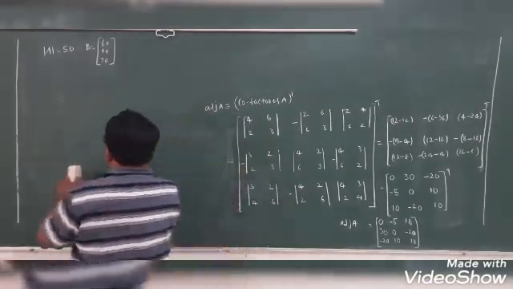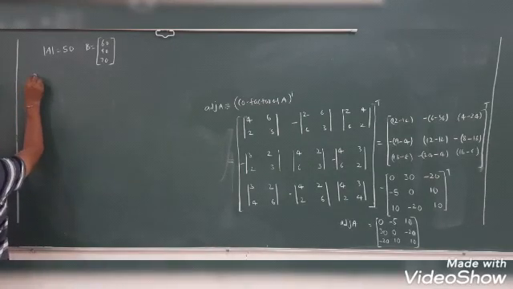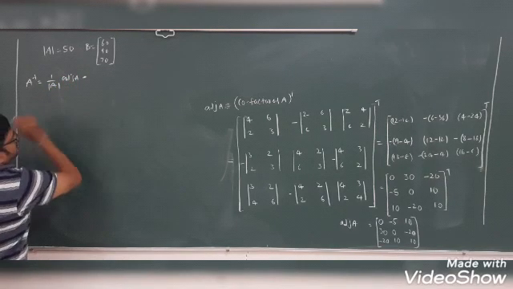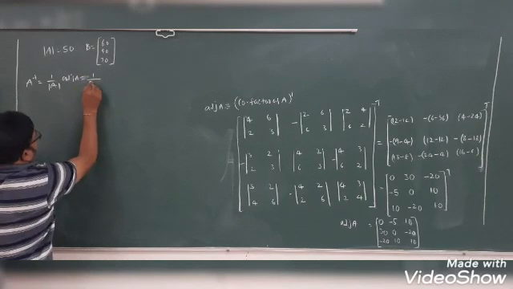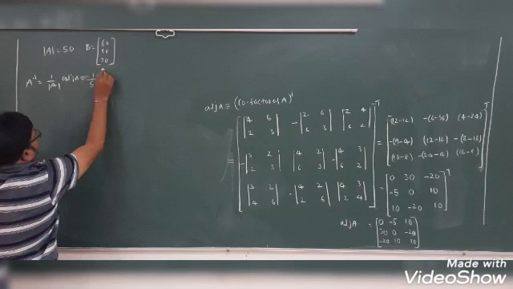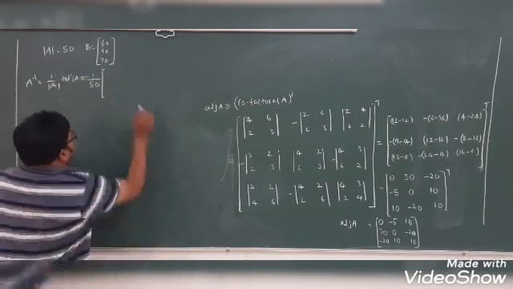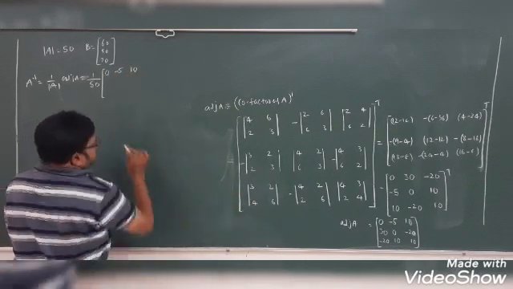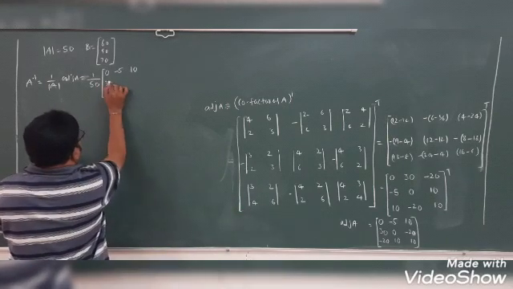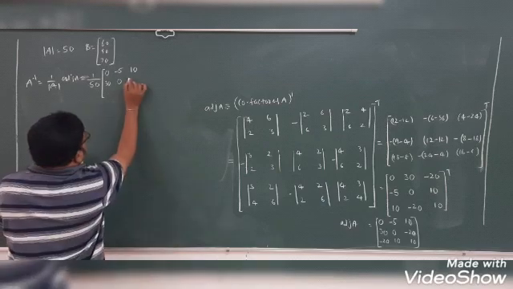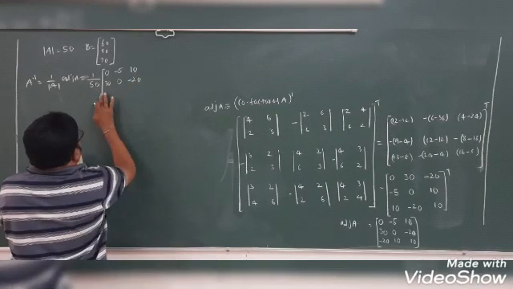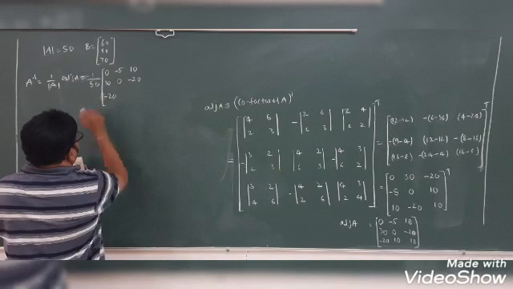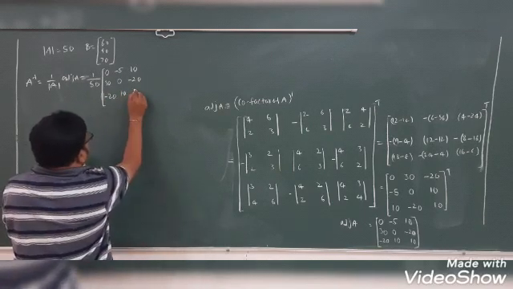So A inverse equals 1 by det A into adjoint A. That implies 1 by det A, whose value we already know is 50, into the adjoint A matrix: 0, minus 5, 10, 30, 0, minus 20, and minus 20, 10 and 10.